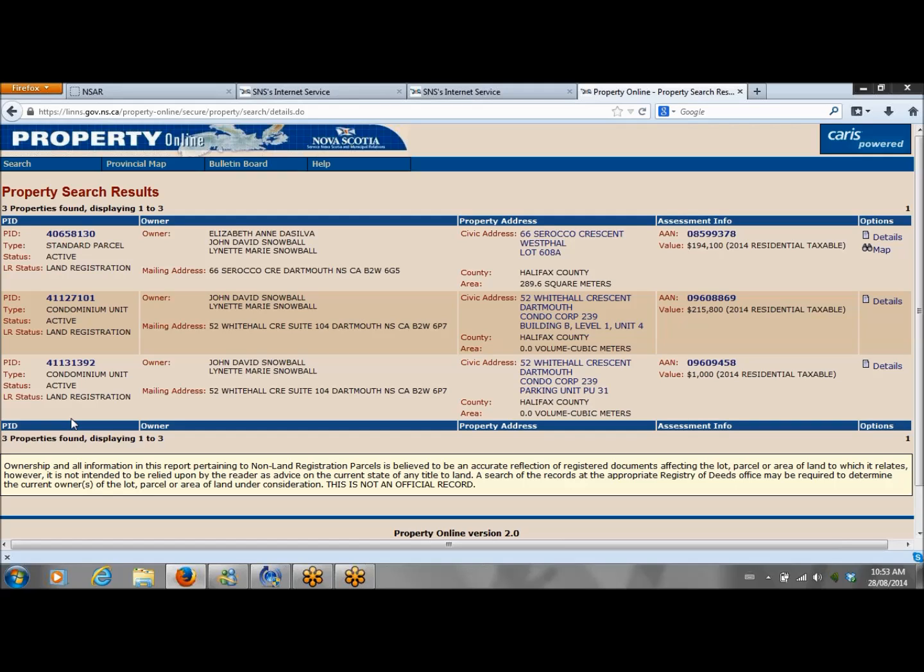There was an agent with another office who sent recipes and a "I'm fabulous" letter to my mother. She's in this condo in Whitehall. The envelope came addressed to Lynette Snowball and John Snowball.